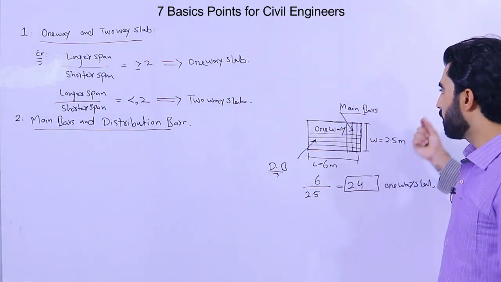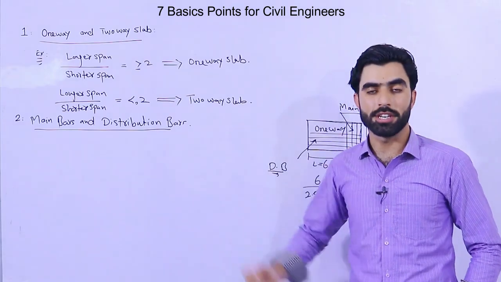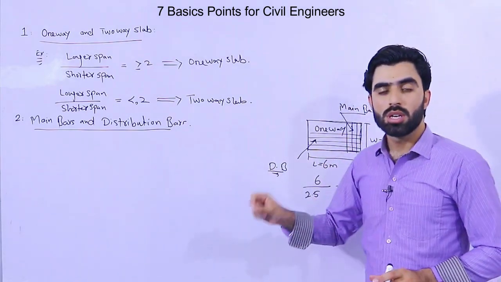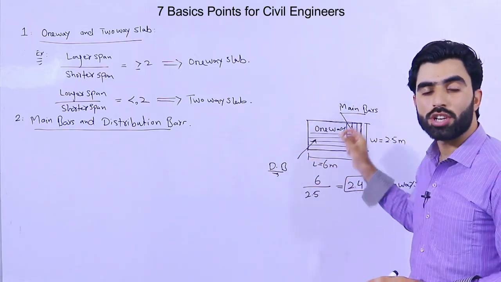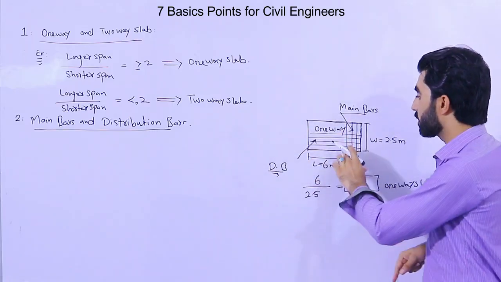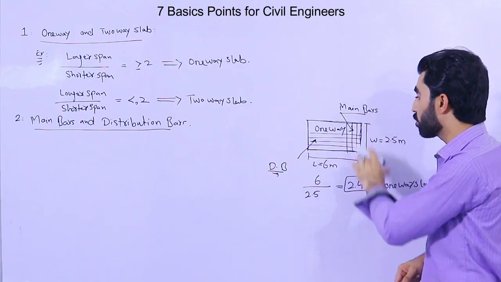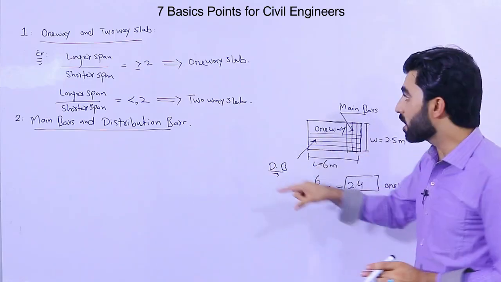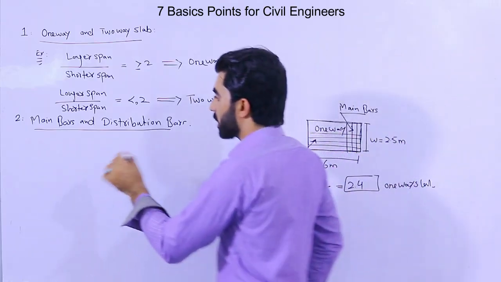Now what is the work of main bars and distribution bars? When a load is applied on the slab, the concrete transfers the load to the distribution bars, which we place on the shorter span. These steel rods transfer the load to the main bars, because main bars are placed at the bottom.